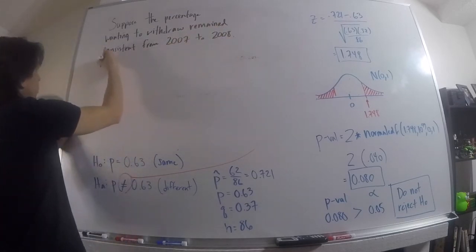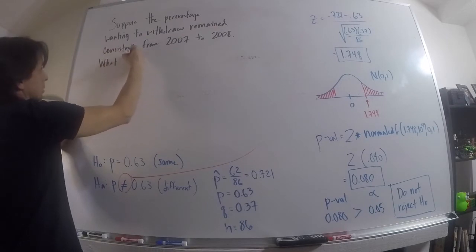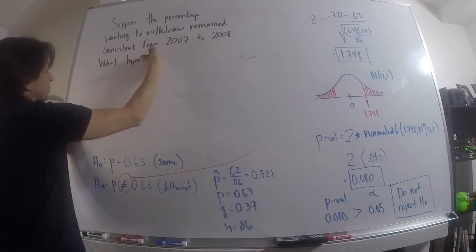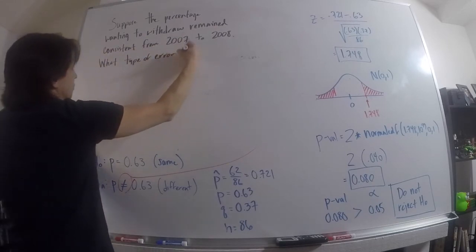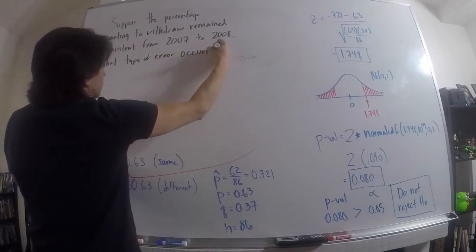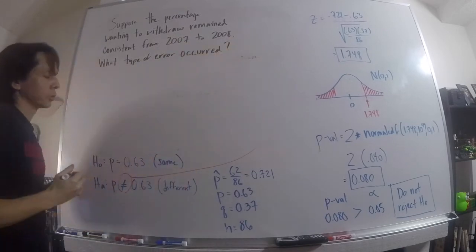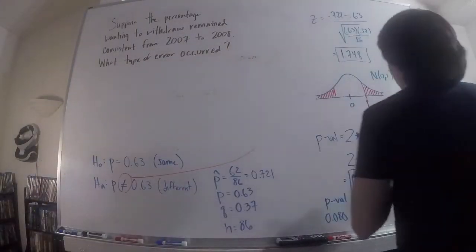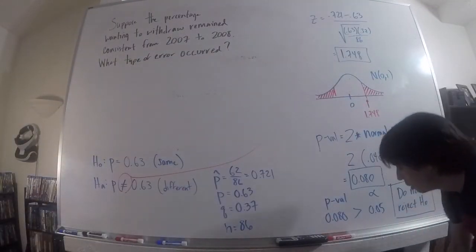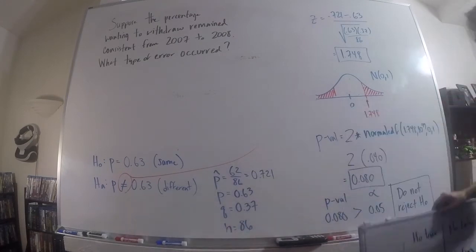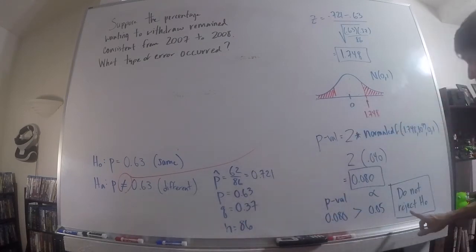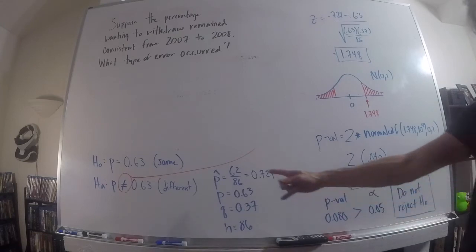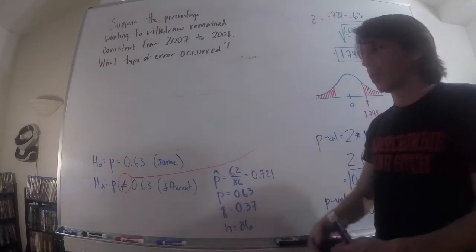What type of error occurred? I'm also going to go ahead and write the next one. I'm going to do 2 of these errors as usual to talk about the different combinations of true, false, reject, not rejecting. I want to leave my conclusion for sure, and I definitely want to be able to refer to my null hypothesis as I do this.